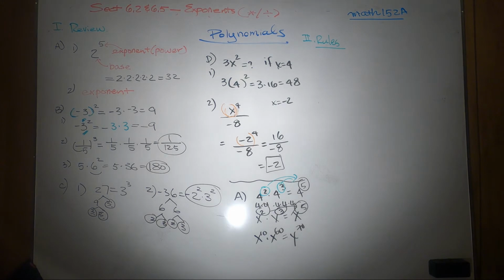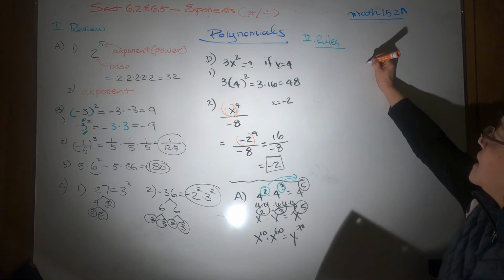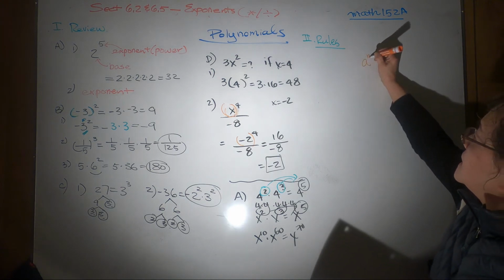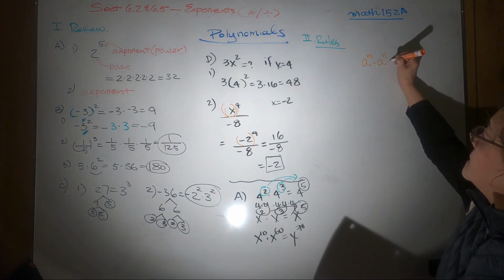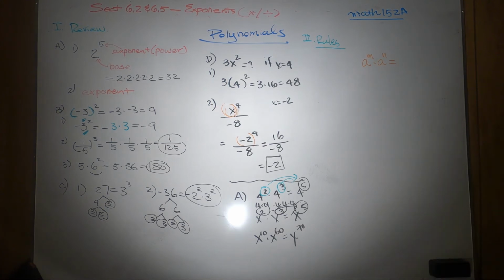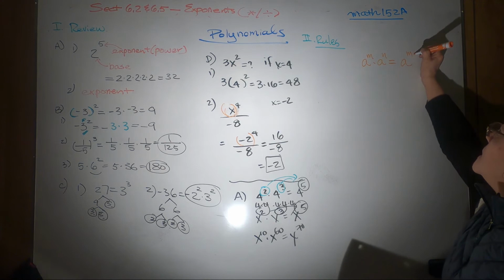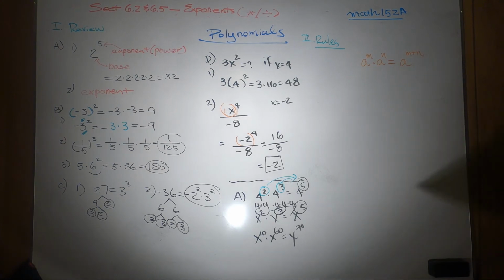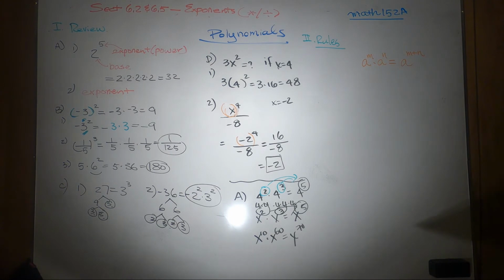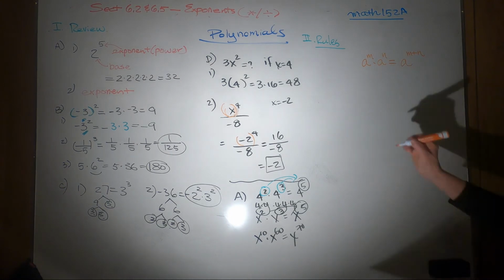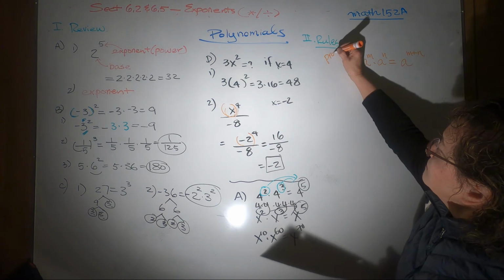Right? So we are talking about if you have a^m times a^n, how many a's you have? You will add your power, right? So we call this one what?